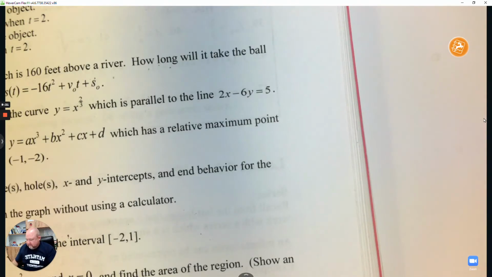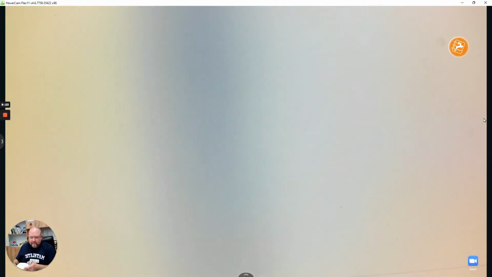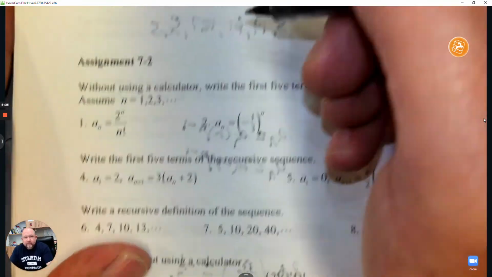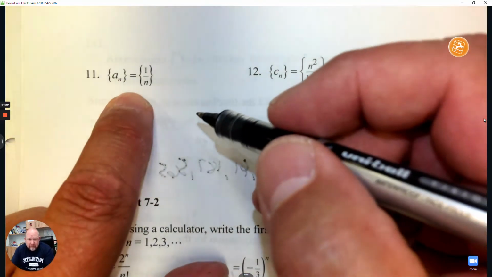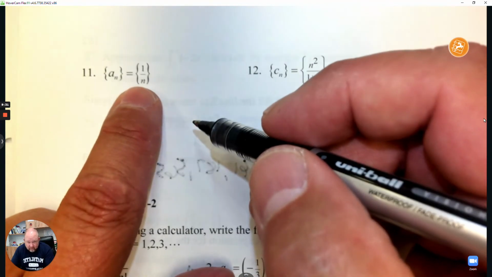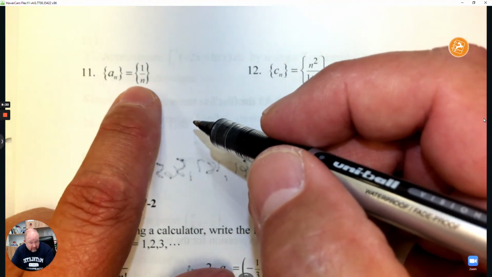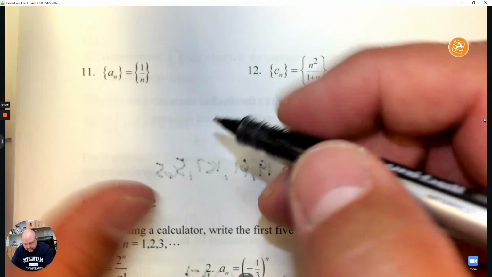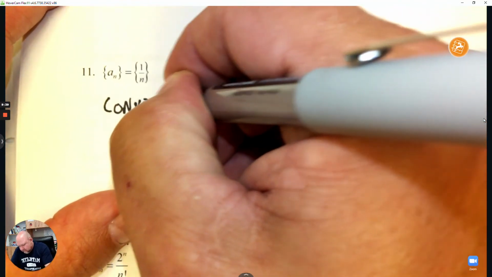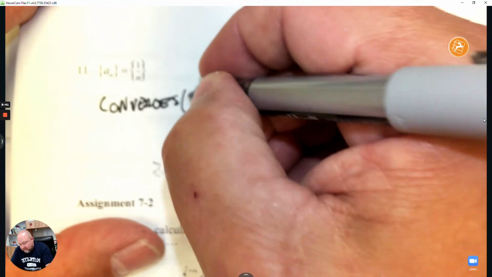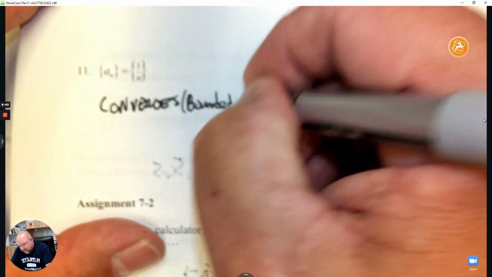Number 11. How about 1 over n? The limit as this goes to infinity, does it converge to an answer? And the answer is yes, it converges to 0. Because it converges, it's considered to be bounded.